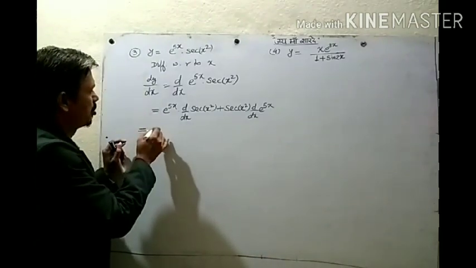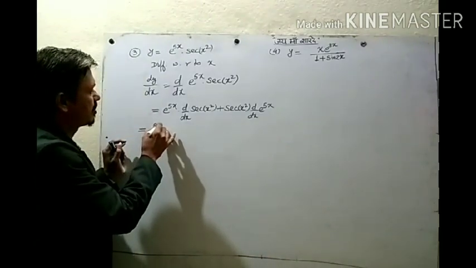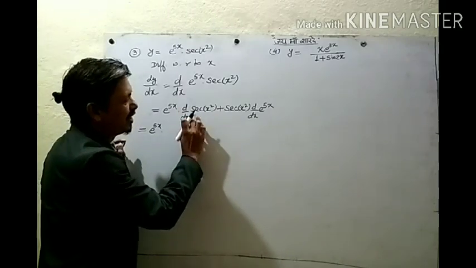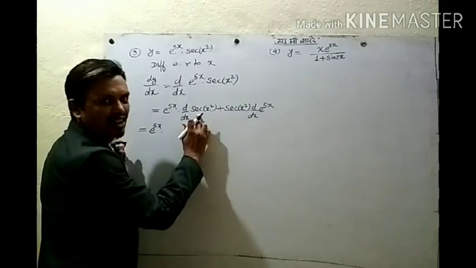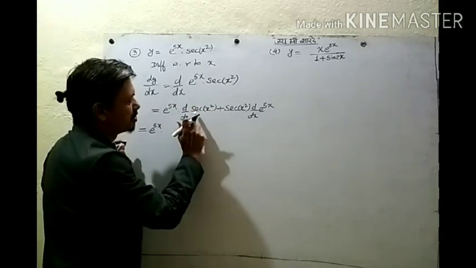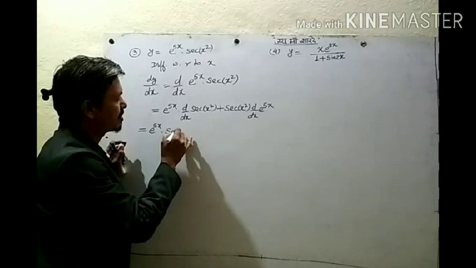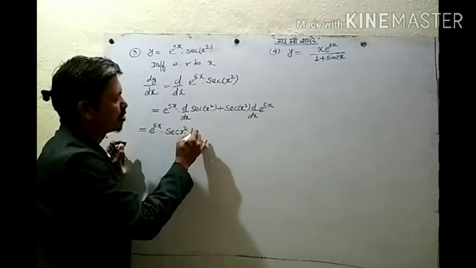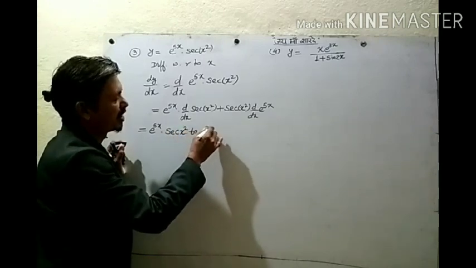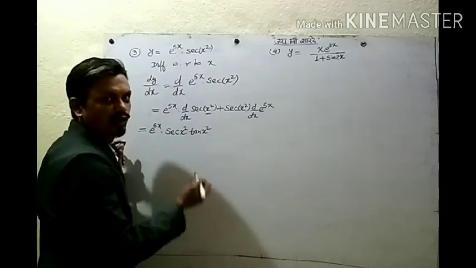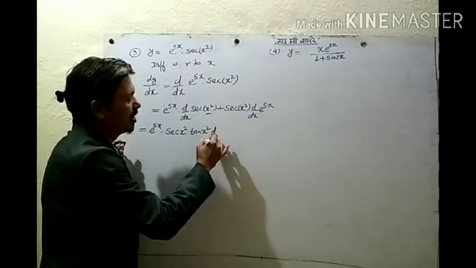Now this is equal to e to the power 5x as it is. Now the derivative of sec x square is again a function of a function. The derivative of sec x is sec x tan x, so sec x square tan x square. But actually it is not x, so we will differentiate again.